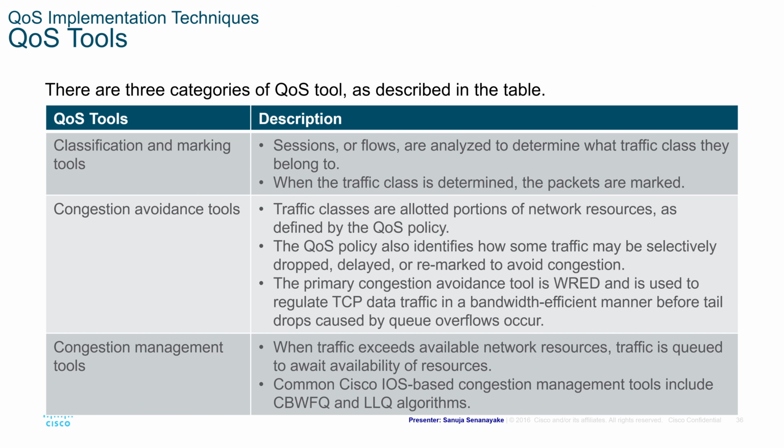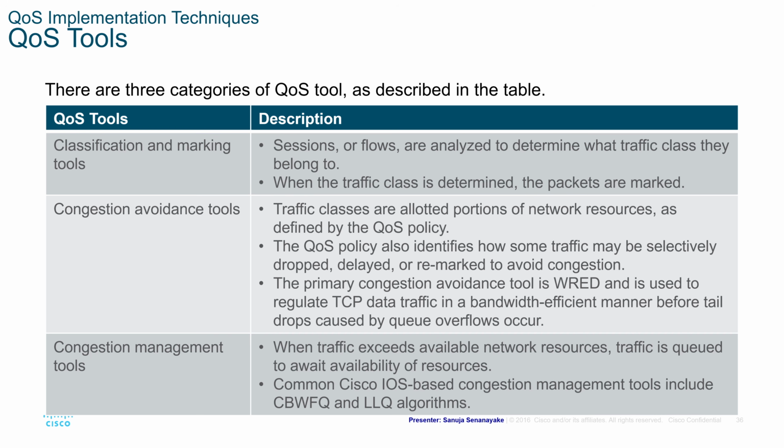QoS tools. There are three categories of QoS tools, as described in the table on your screen right now. One of the tools is the classification and marking tools. What they do is sessions or flows are analyzed to determine what traffic classes they belong to. When the traffic class is determined, the packets are marked based on that traffic class.